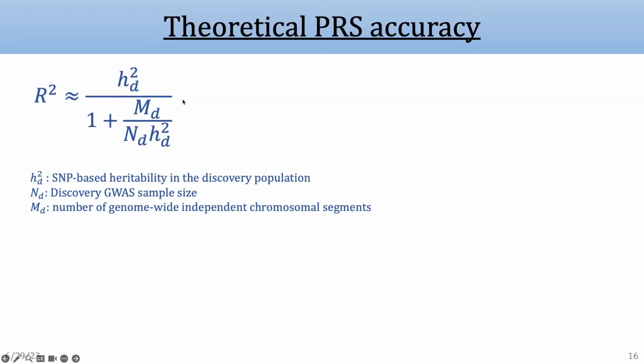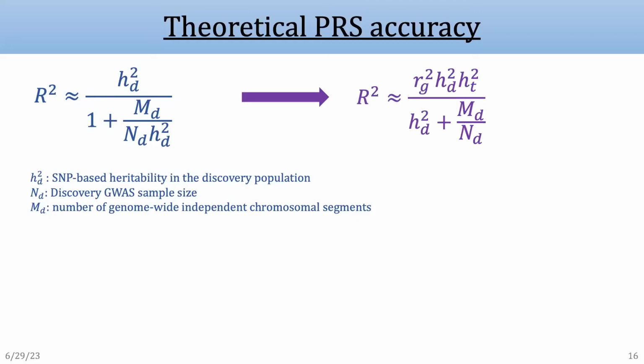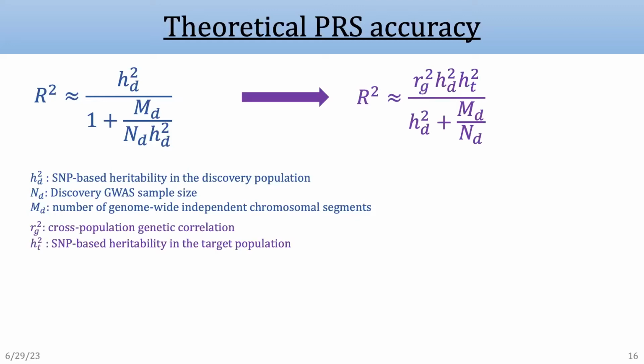But when we are doing polygenic prediction across populations, there are more factors involved, including the cross-population genetic correlation, and we also need to account for the heritability in the target population. Based on those theoretical expectations, we may see different strategies to improve the PRS accuracy and hence the generalizability.